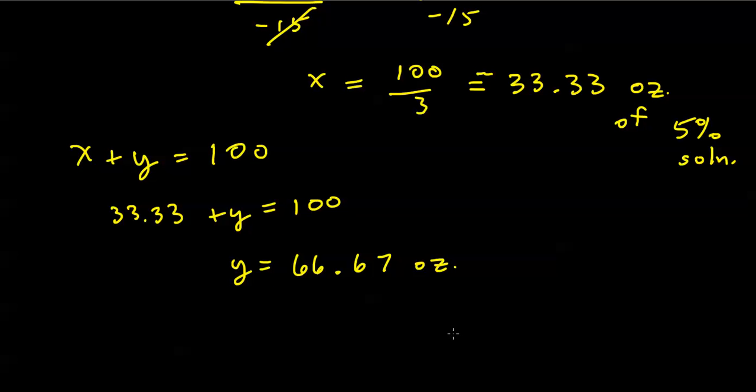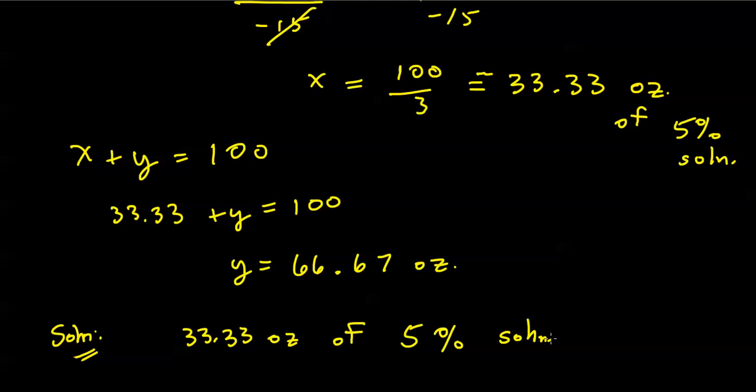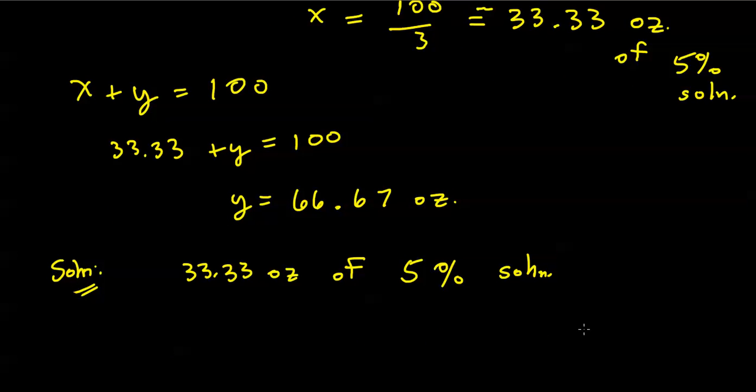Alright, so not too bad. My final solution then to this system of equations, I'll say there's 33.33 ounces of the 5% acid solution, and hence there's 66.67 ounces of the 20% solution.